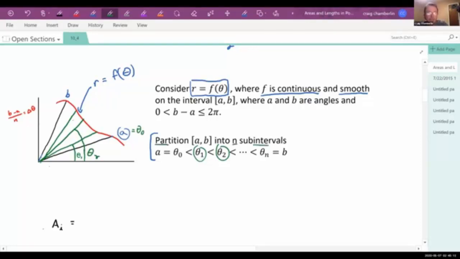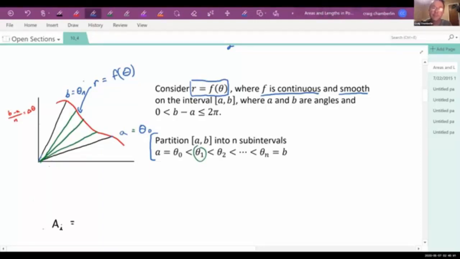This angle here would be theta 3, but I'm going to erase all that stuff because it's going to make a mess. Actually, let me erase that and then keep theta 0 right here. And then B would actually be theta n, the end of the n subintervals.